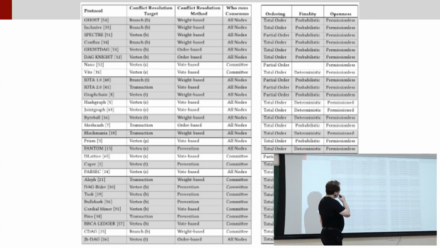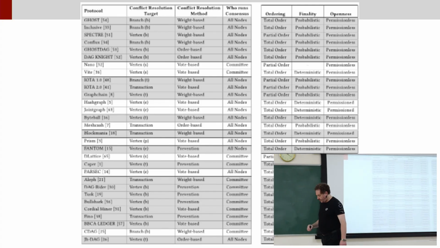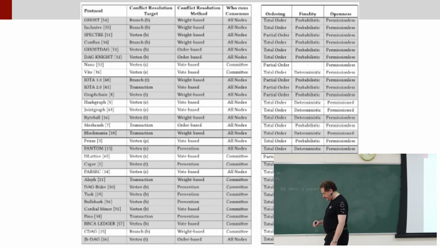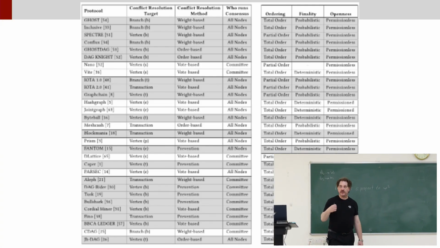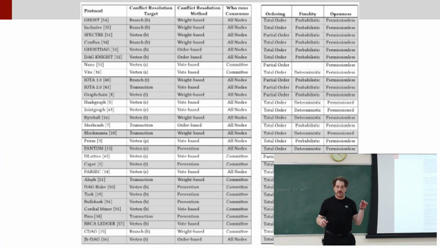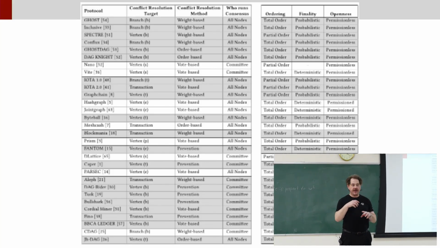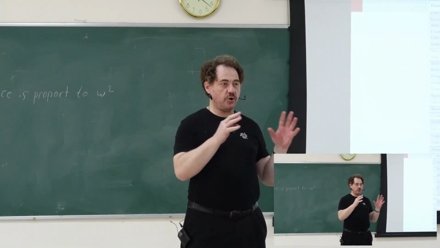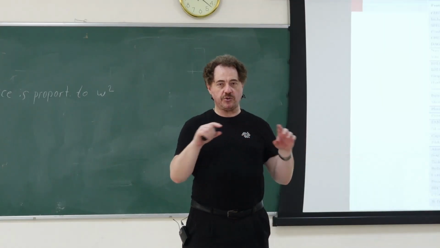Now, ordering is another interesting characteristic of DAG-based systems. So what does ordering mean? Ordering can be total or partial. Total order means that all transactions in a DAG are eventually converted to some sequential order.